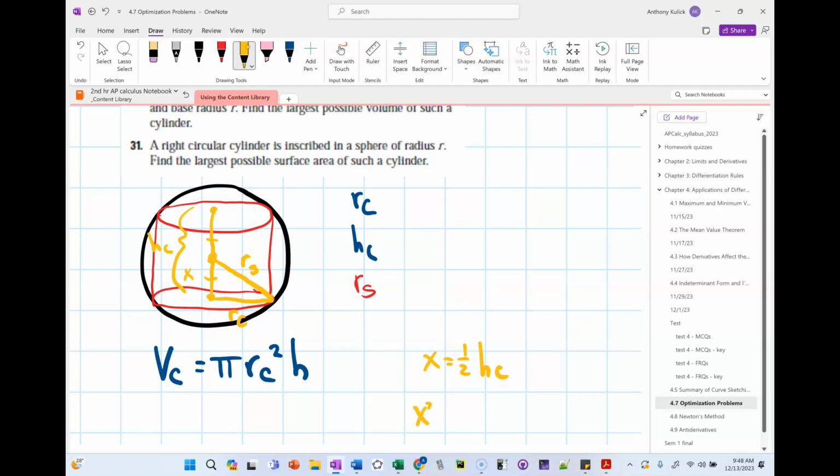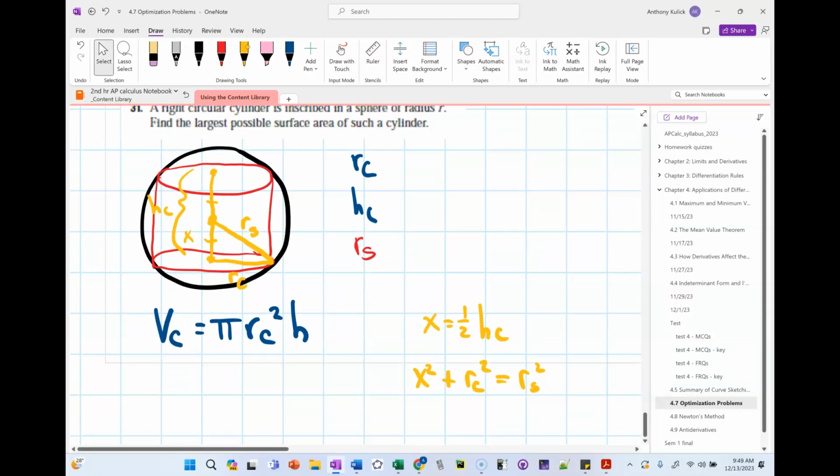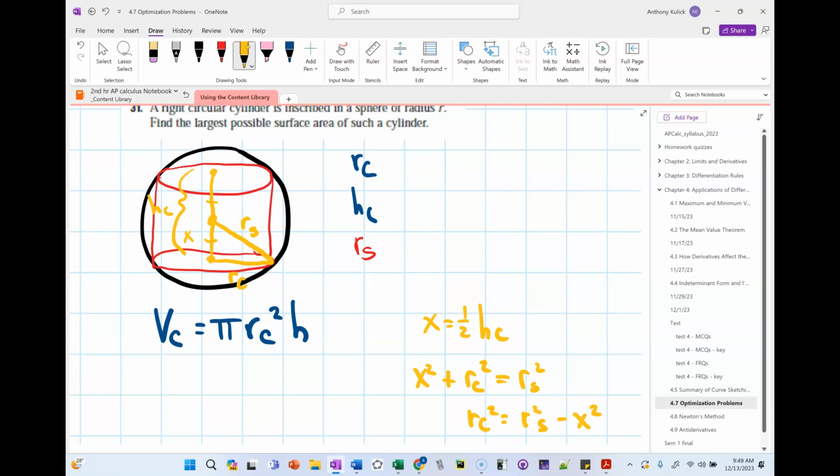And then we have X squared plus RC squared is equal to RS squared, right? So what I would do is I would solve for the RC squared.